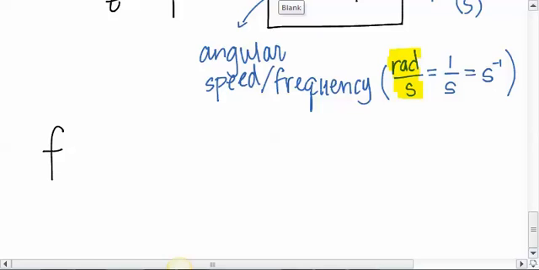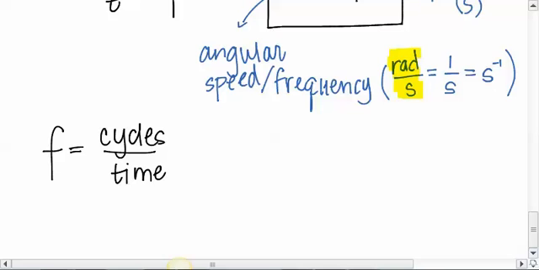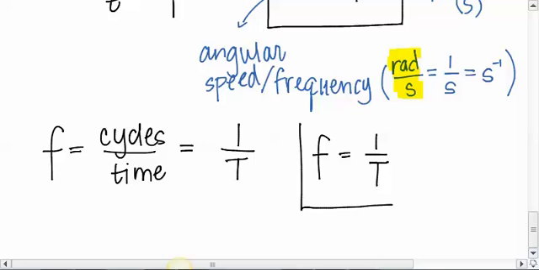How frequently, not your speed, but how frequently can you go around the gym? So was it the cycle over the time it takes to do those cycles? Okay, so what if we go around one cycle? What's the time for that one cycle called? The period, thank you. So that means that frequency is 1 over period. And you came up with that, with me just poking and prodding you in the right places.